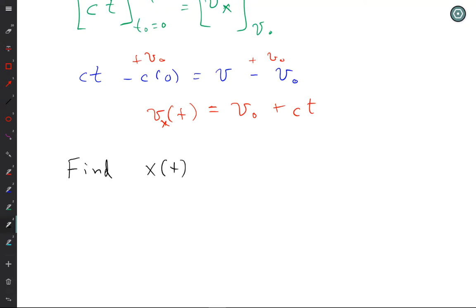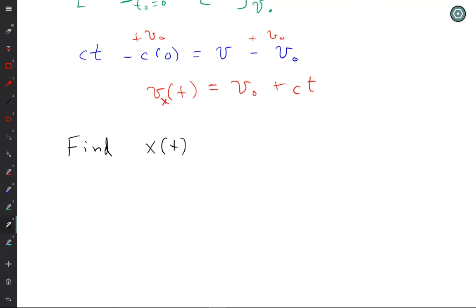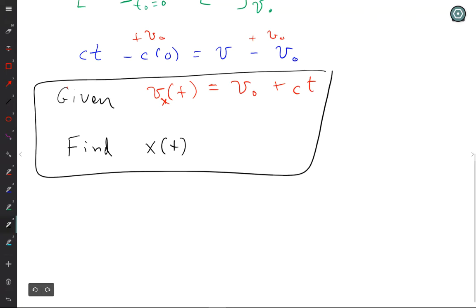Remember your team, you can talk to each other. Wait, so basically you're finding how to find x. Yeah, you want to find the position as a function of time, given this function of speed as a function of time.